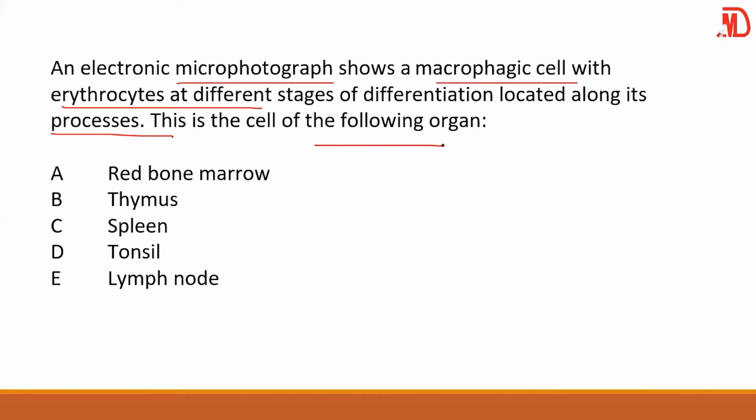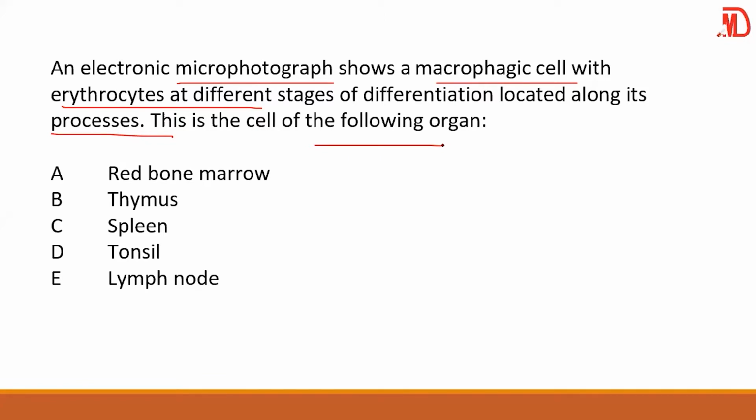When we talk about differentiation, that means they are not all matured. Some can be in the reticulocyte form, some in blast form, some in the matured red blood cell form. So all of this is talking about the production of blood cells. Which organ is responsible for the production of blood?